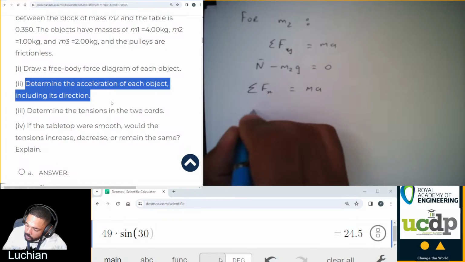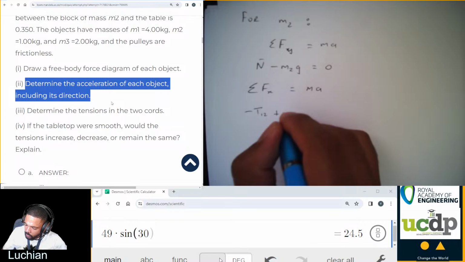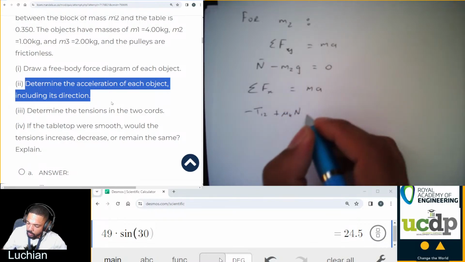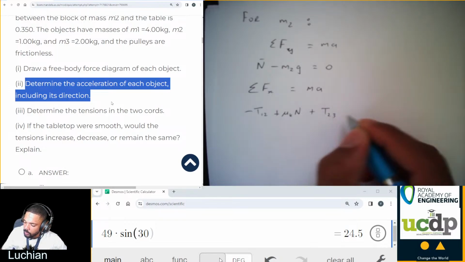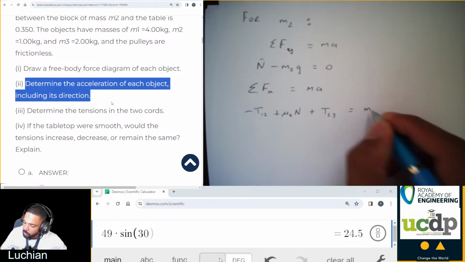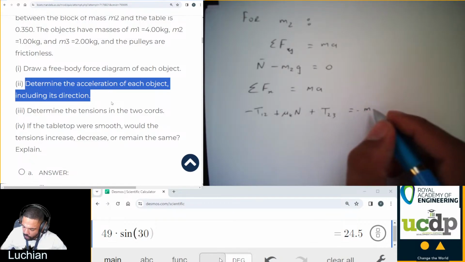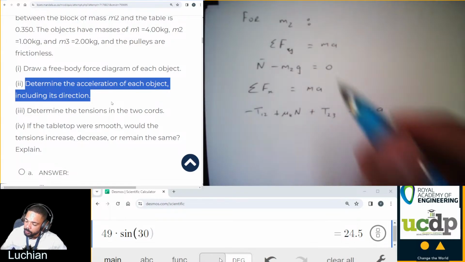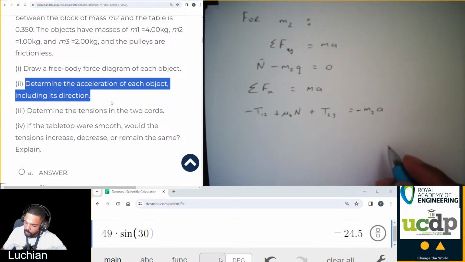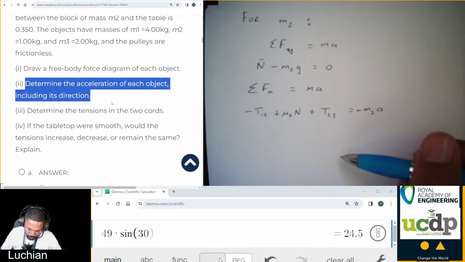So we have negative T12, and then positive the force of friction, uk times n, plus T23, equal to m2 times the same negative acceleration as this one, because it's going to be accelerating towards the left.